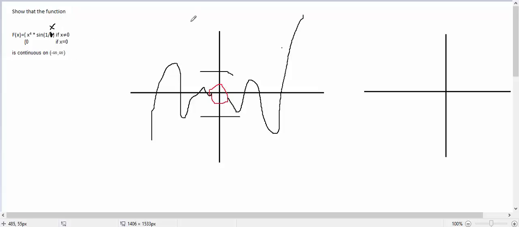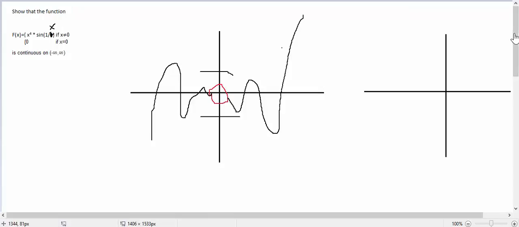But we have this little contention at 0. So here it equals 0, and let's hope the rest of the function approaches 0. And if that happens, it'll be continuous. So how do we figure that out?